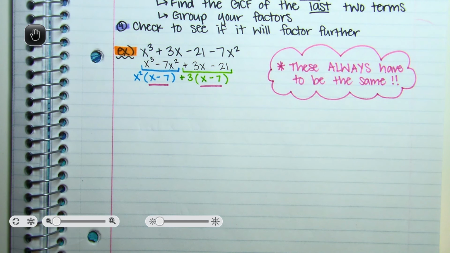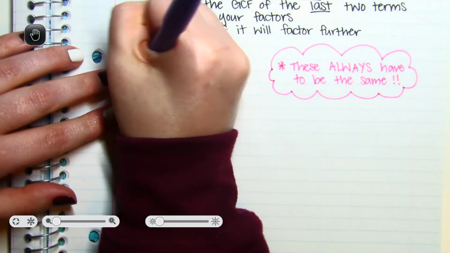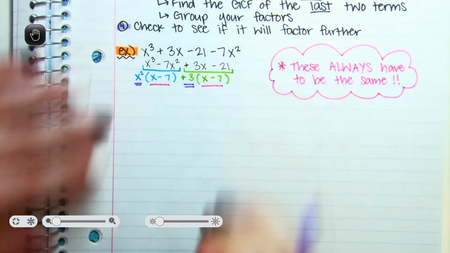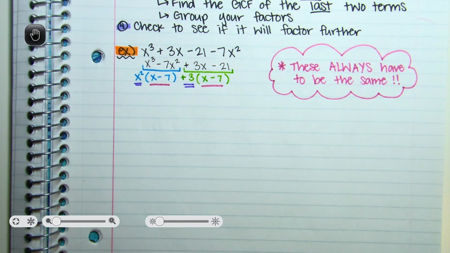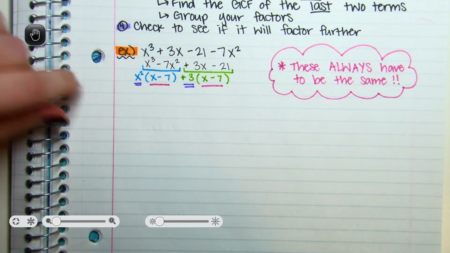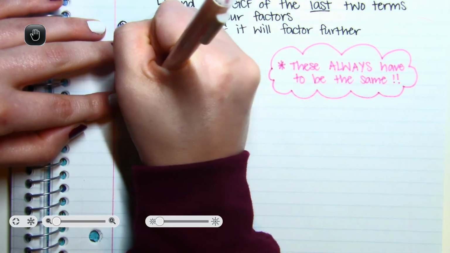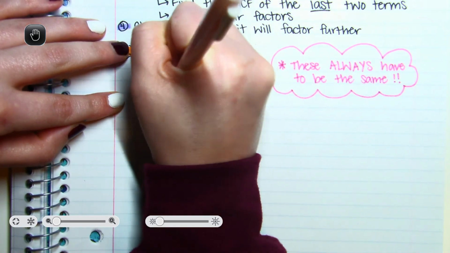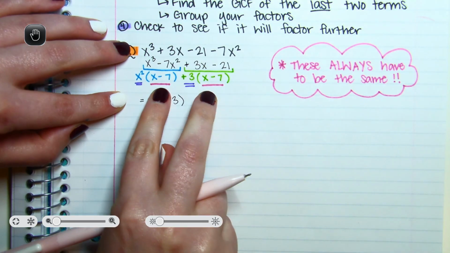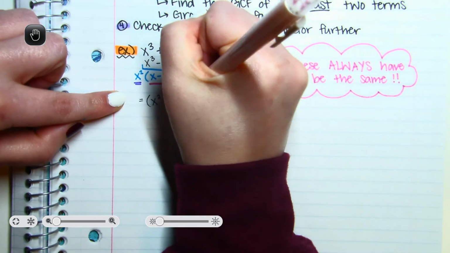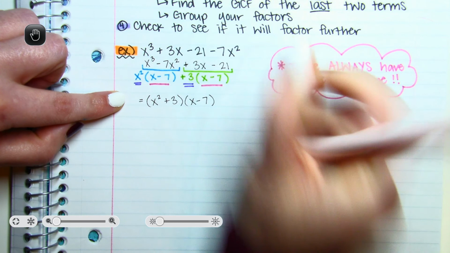And then that gives us one of our factors. And then the other one comes from our GCFs that were factored out. So one of my factors will be the x squared plus 3. And then the thing that's underlined in pink, the x minus 7, is our other one.